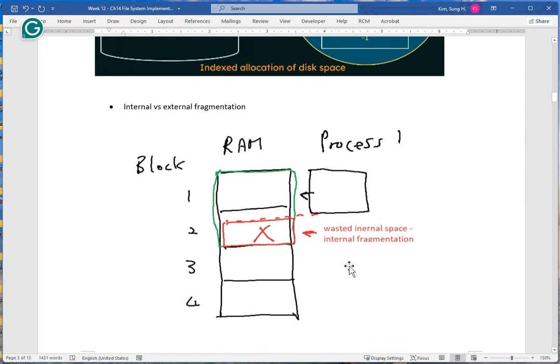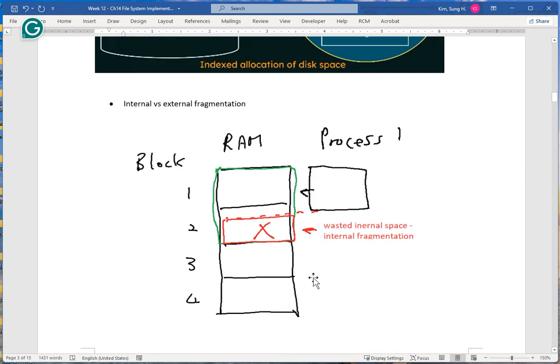And in case I didn't mention it before, I wanted to clarify about internal fragmentation. I think we all know about external fragmentation, which happens between the processes or the files on the drive.